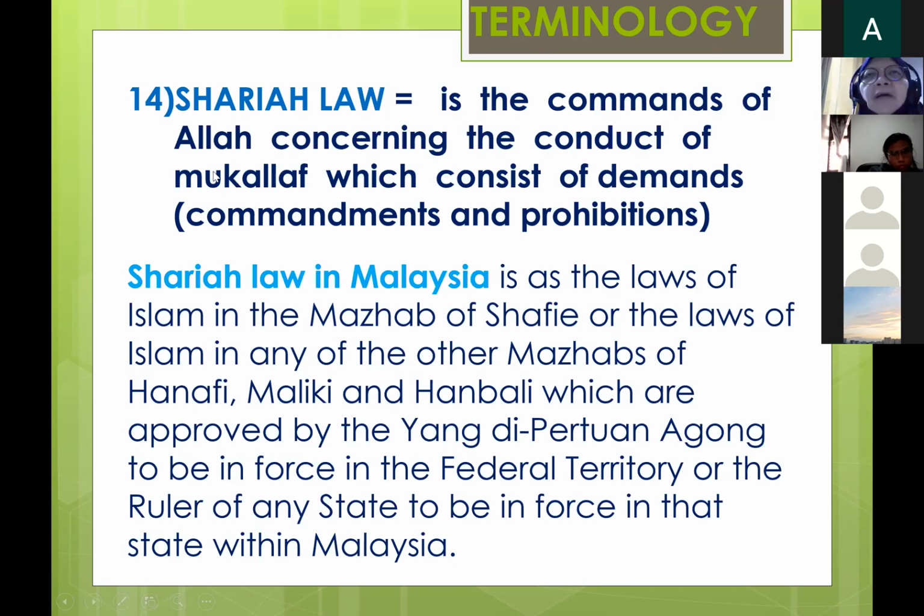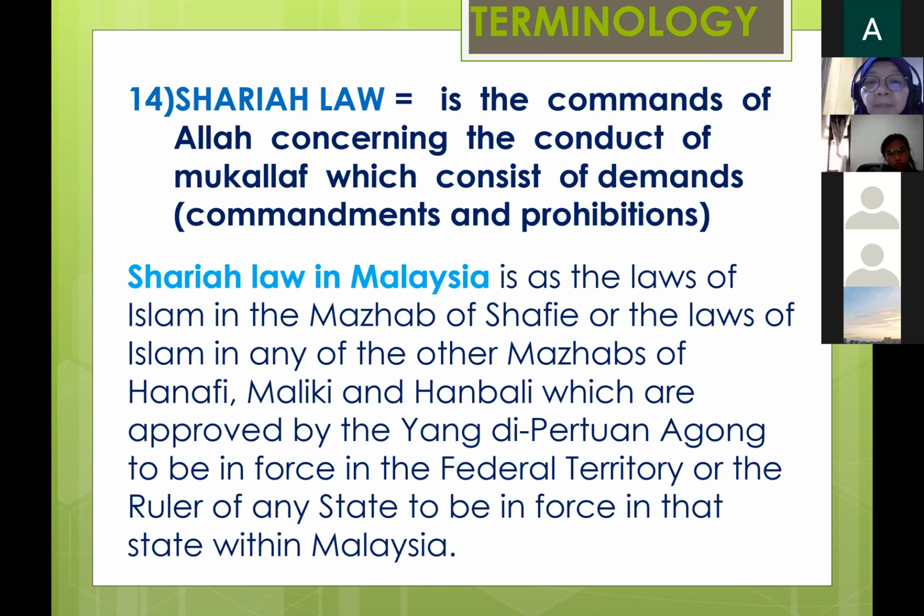A mukallaf is a person who has reached adulthood or puberty and has akal, a reasonable mind, meaning they are not insane. They call it akal, and they can differentiate between good and bad things.